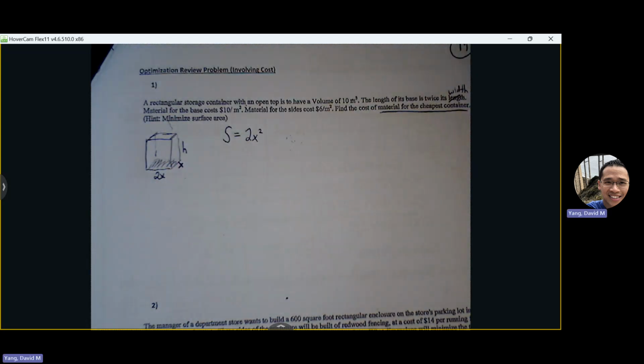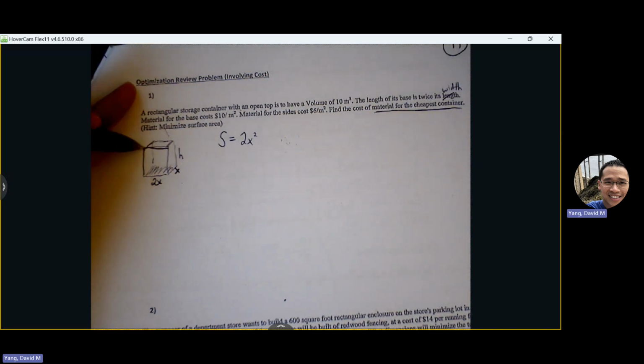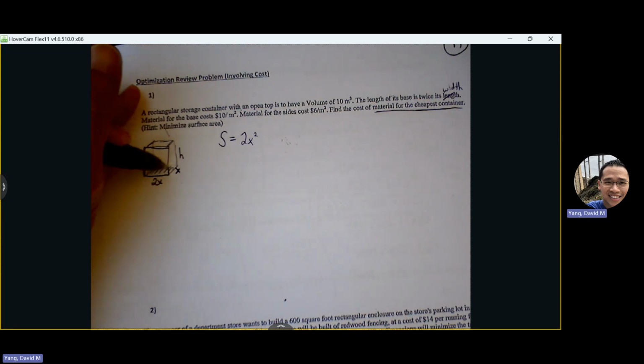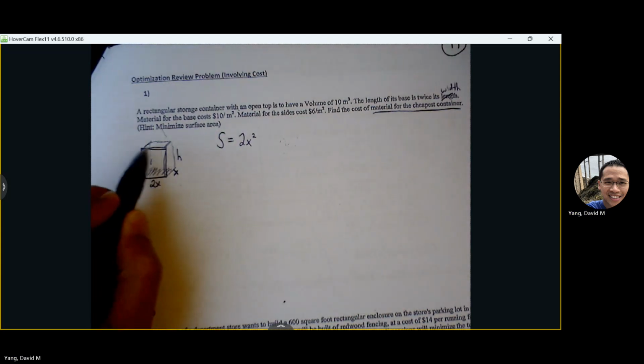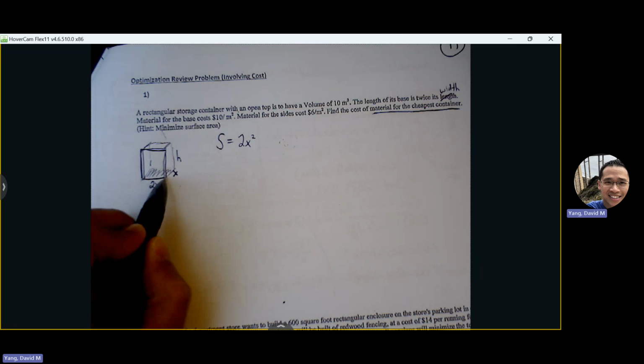So now the remaining sides are the vertical sides. Let's do this larger side first, the front facing side. What's the area of this side? Yeah, 2x times h, good.